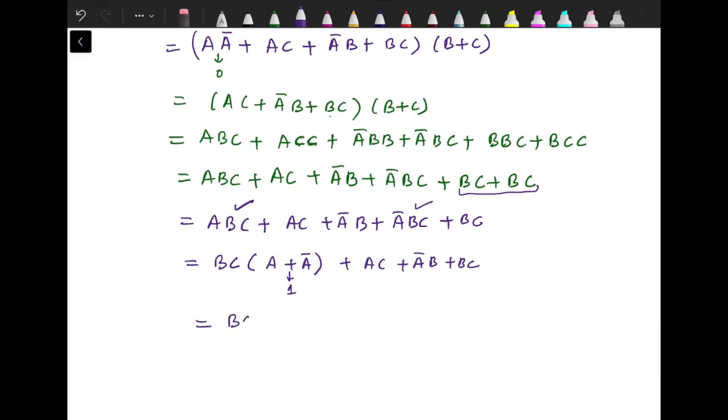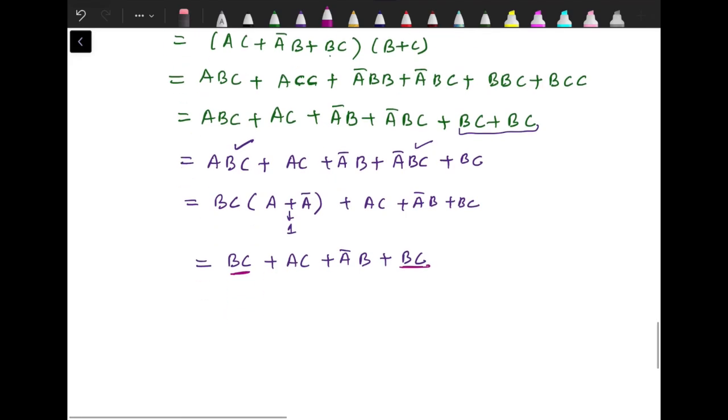So this is bc plus ac plus a complement b plus bc. Again we have bc, bc, so they will result in one term only, and that one term is bc.